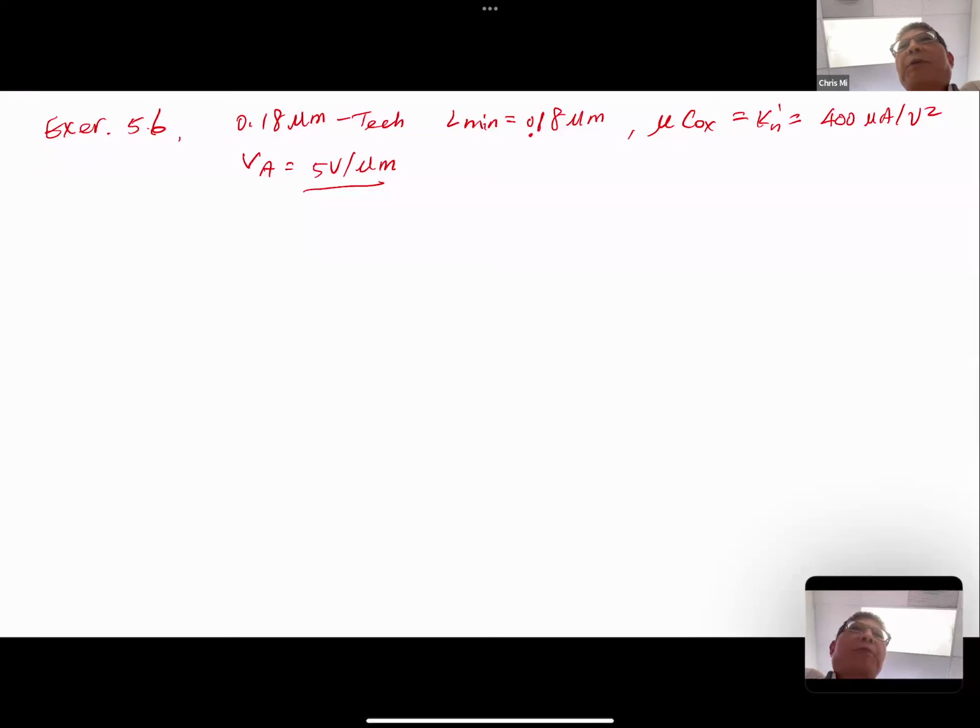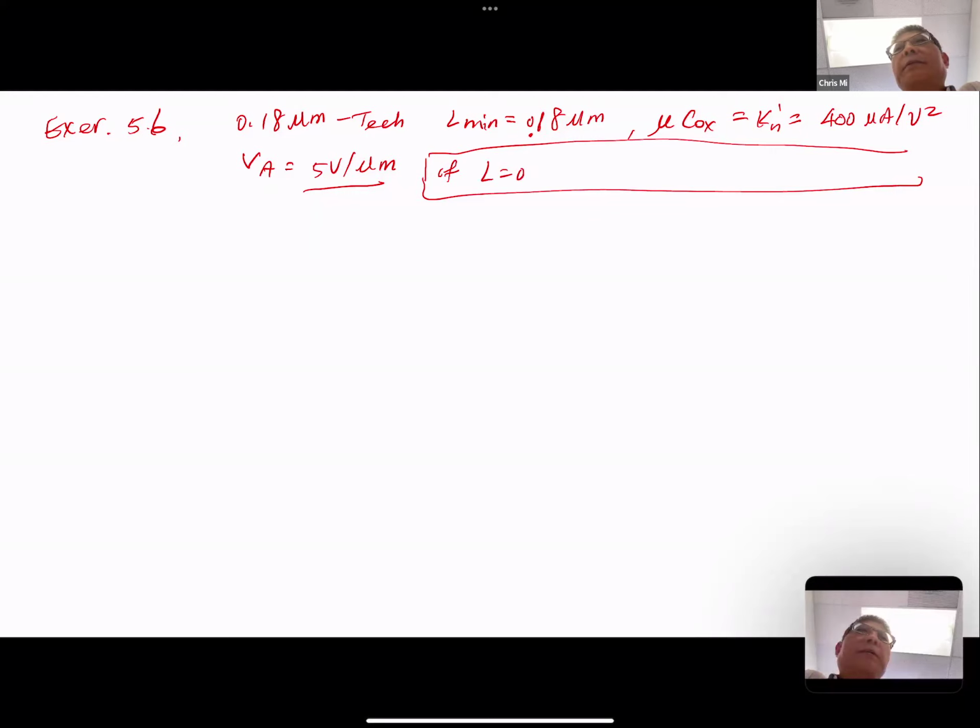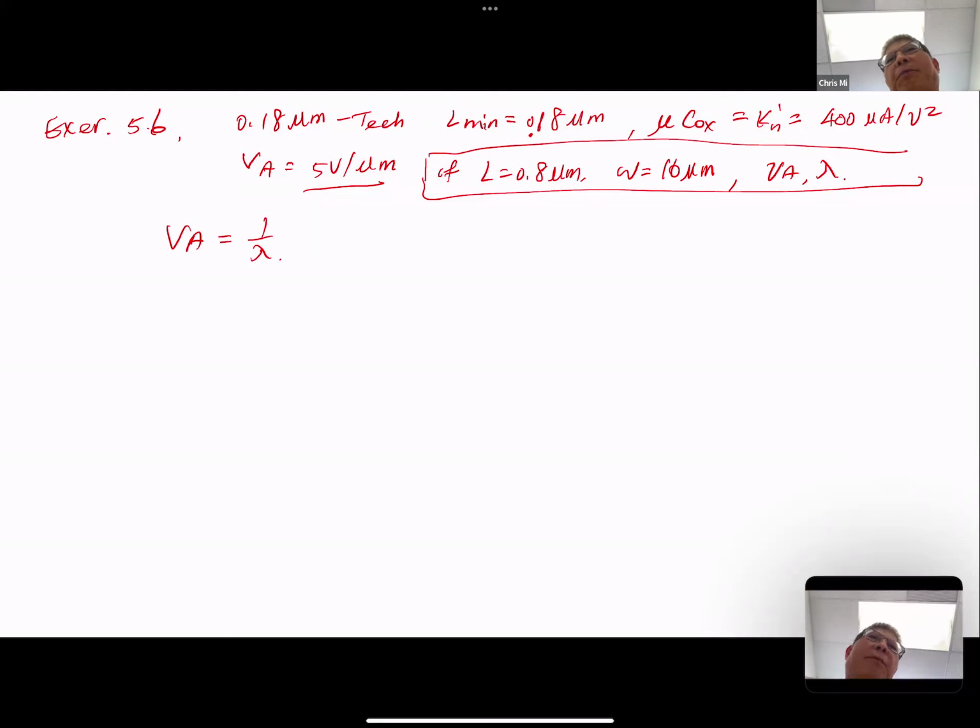Now what is given here is L at 0.8 micrometers and W at 16 micrometers. They want you to find VA and lambda. Because lambda is 1 over VA, if you can find VA, you can find lambda.